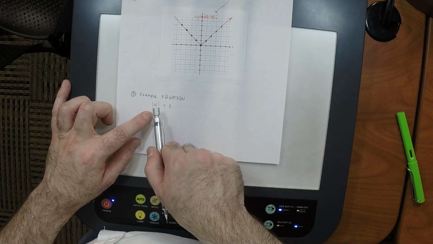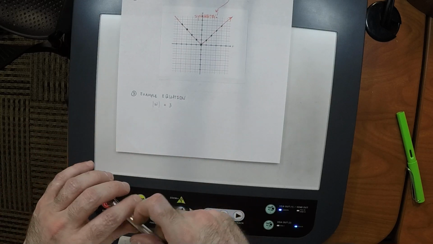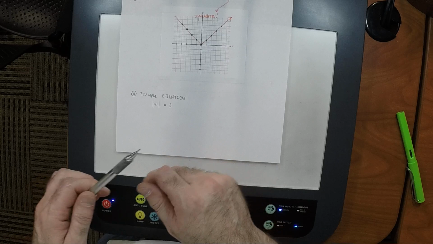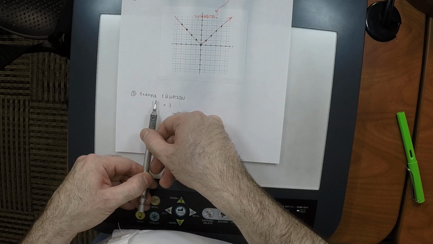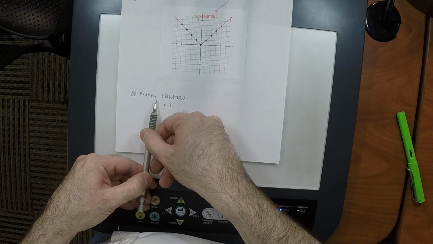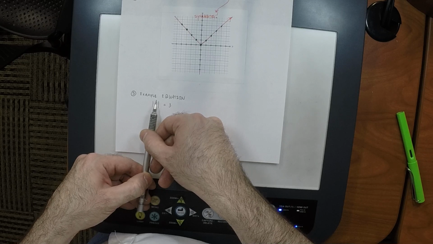Viewing absolute value is kind of like a machine that has inputs and outputs. You could look at this equation as asking, what could we put in as input to the absolute value so that the output would be 3? -3 would work. If you put -3 in, then +3 would be the output.